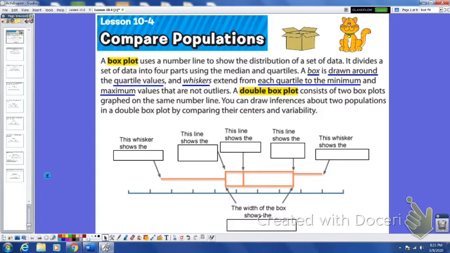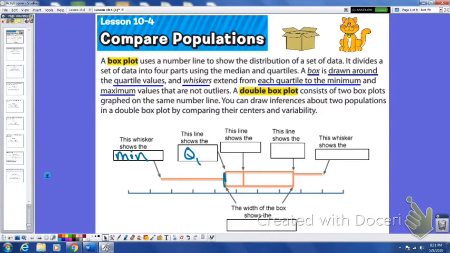Okay, so first thing we want to do, we've got our box and whisker plot down here. We want to label the different pieces of it. So all the way to the left, our lowest point here, that's going to be our minimum, which we usually just abbreviate min. Then this first line here, that is our Q1 or our quartile 1.